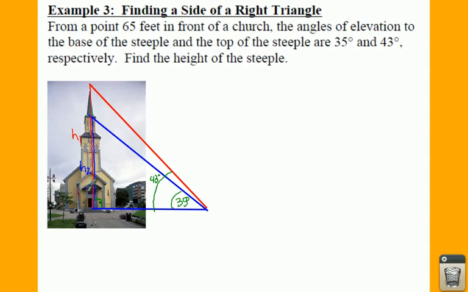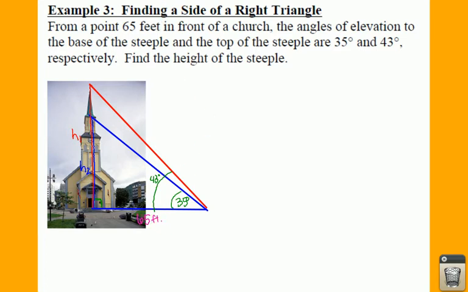If we're going to find the height H1, let's do the red triangle. Our angle is 43 degrees, and along the bottom is 65 feet. So for the red triangle, we have our height, which is our opposite side, and our adjacent side.